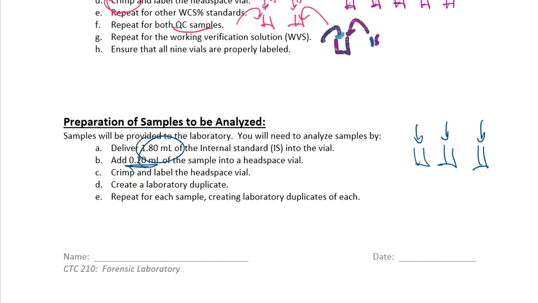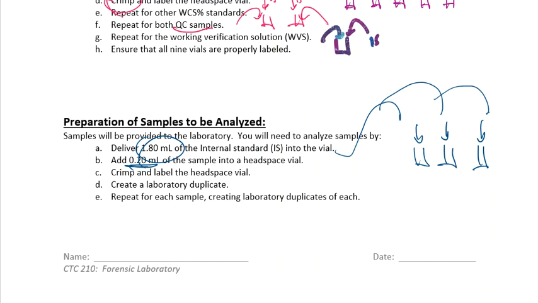And then you're going to pipette 1.8 mLs of the internal standard into each one of them. Again, the internal standard is staying the same in every single run all the way through. You put the lid on those, you crimp them, and then you'll bring the whole set over to the instrument.